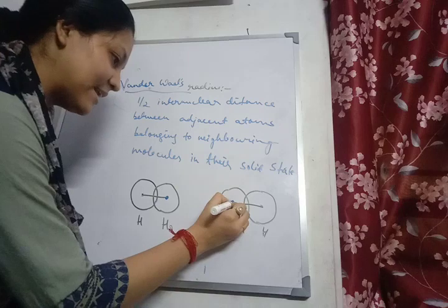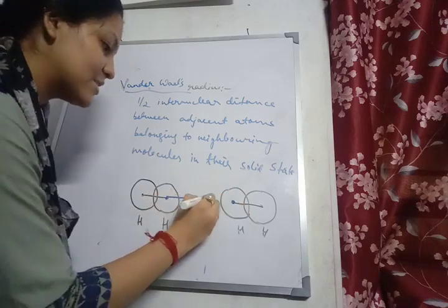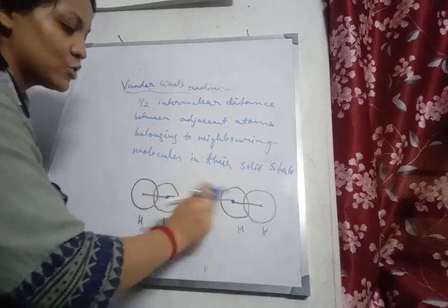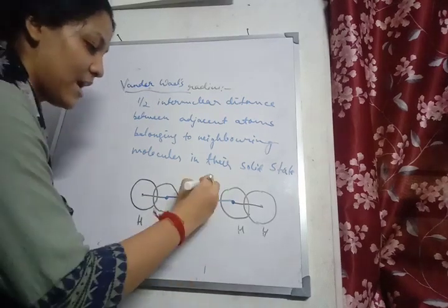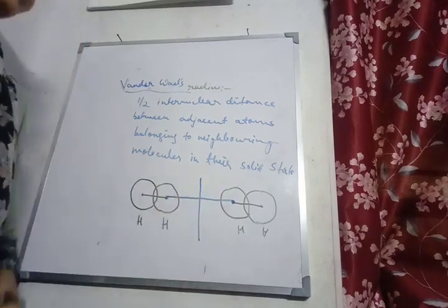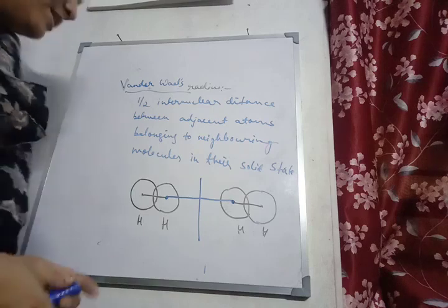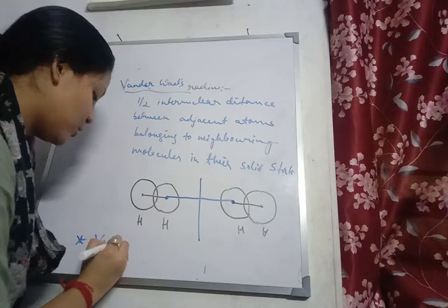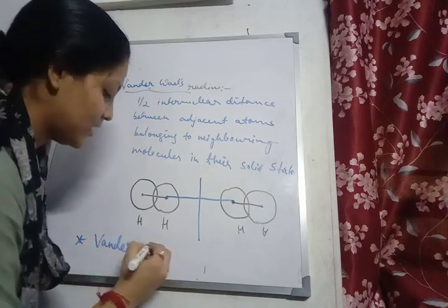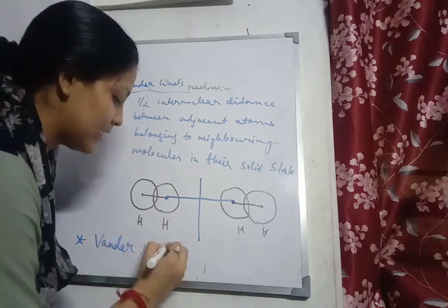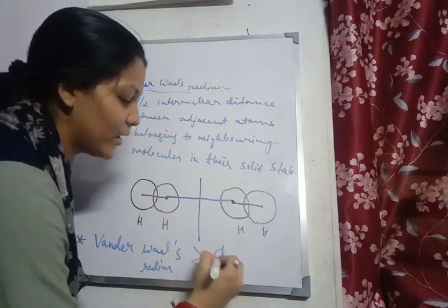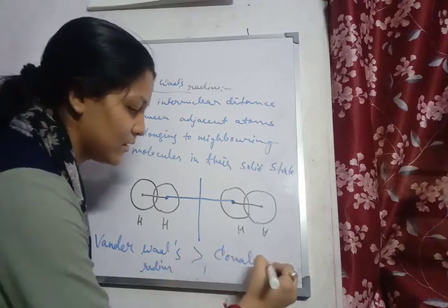These two are not directly linked. Still we have an interaction, that is van der Waals interaction. This is your internuclear distance between these two neighboring atoms, and half of this is my van der Waals radius. That means van der Waals radius is always greater than covalent radius.